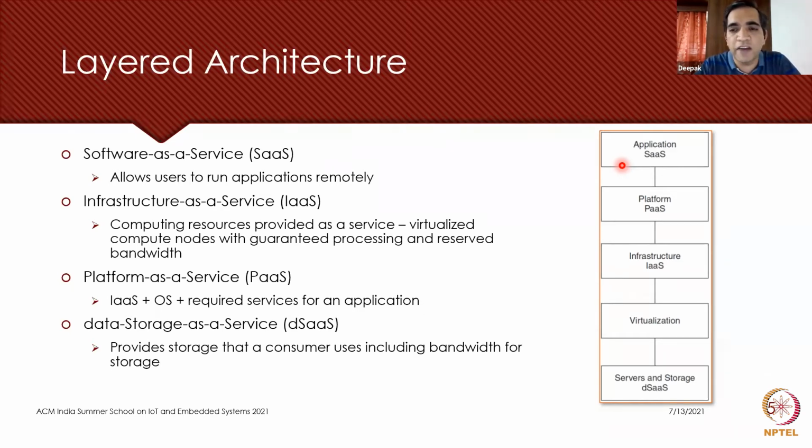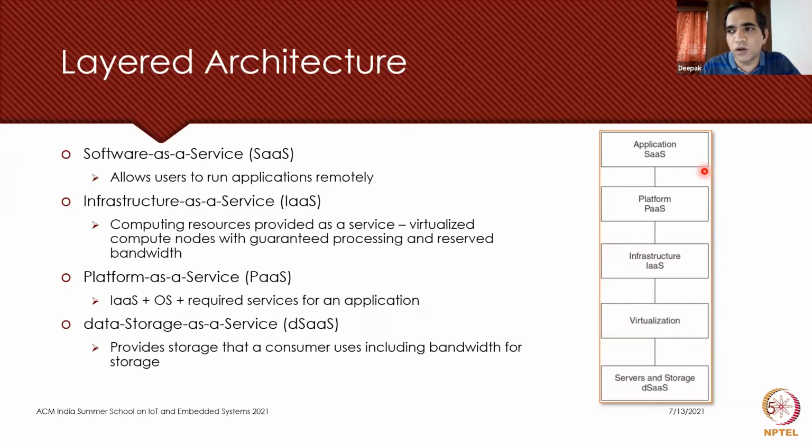So basically, you can have applications that can be run remotely, or you can have a set of hardware resources that you can access from a remote node. So that's where the SaaS, software as a service, comes into the picture, where the users can now run the applications remotely. Yeah? So this part of the architecture of a cloud only provides the user the application.